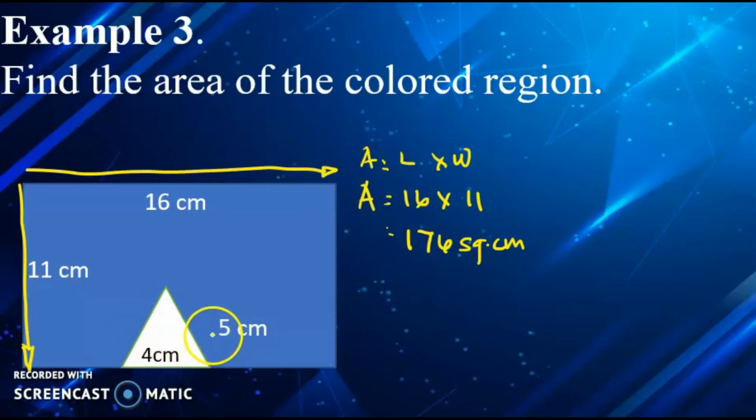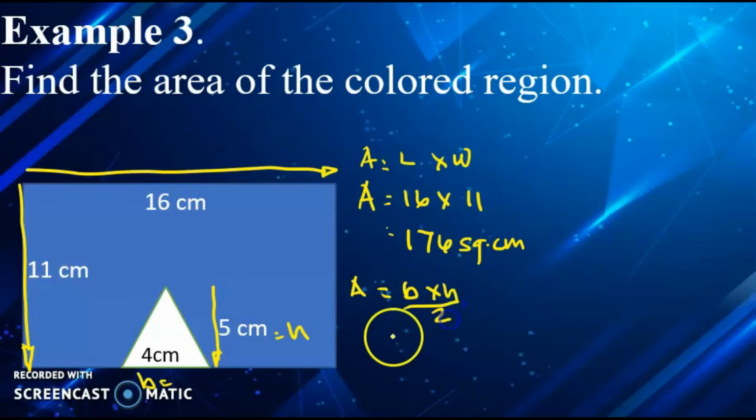Kunin natin. So, yung 5 cm, yan yung height. Okay. And then, yung 4 cm, ito yung ating base. So, area of a triangle is equals to base times height divided by 2.